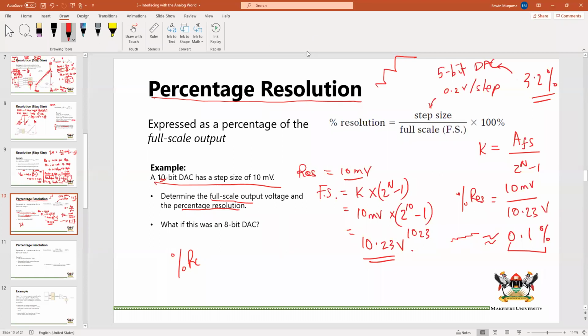So if you want an analog output that is as close to pure analog as possible, you should increase the number of steps and not just the resolution. The resolution should certainly be small, but the percentage resolution is what is most important. It needs to be very small.